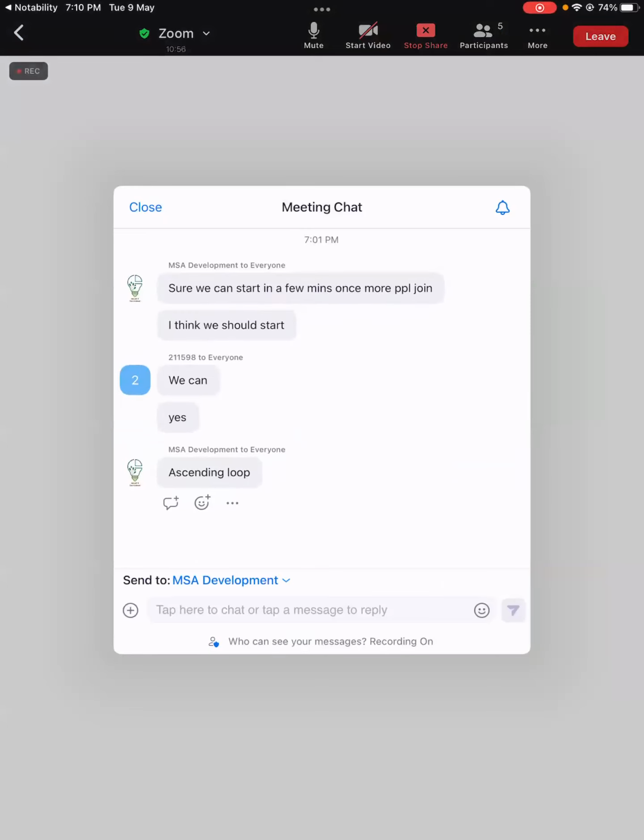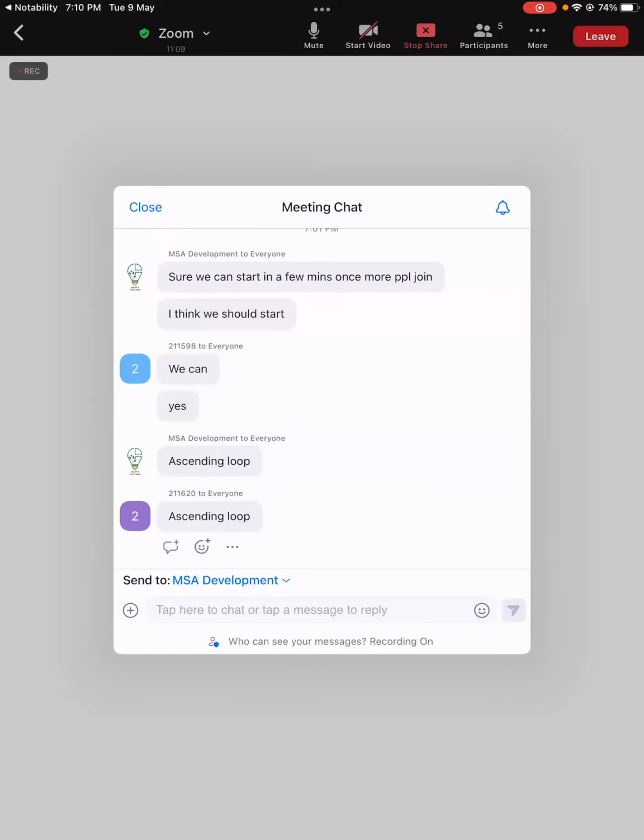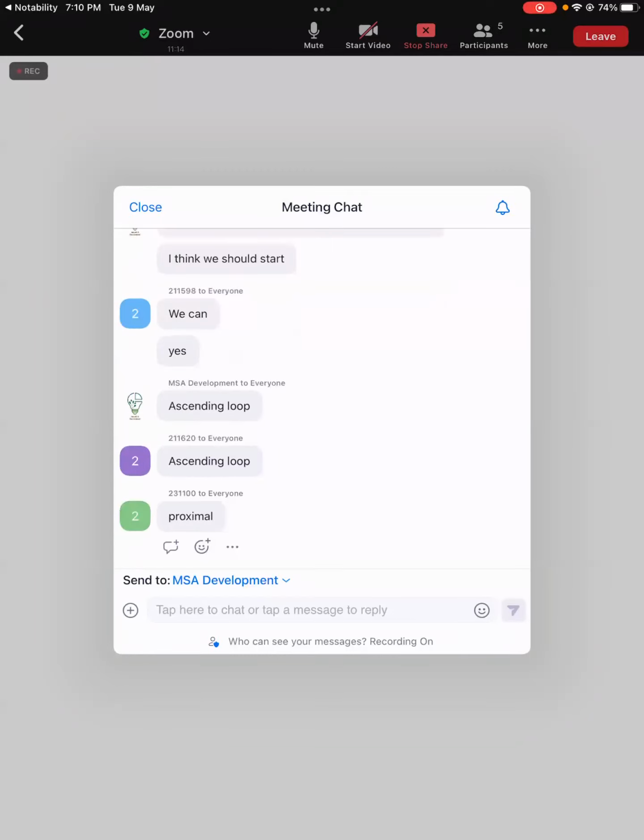Does anyone want to answer? What's responsible for reabsorbing the solutes? No, reabsorption. Somebody said, no, it's not proximal. Okay, I'll go over it again.